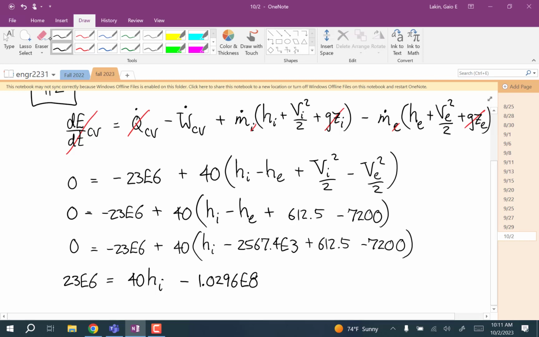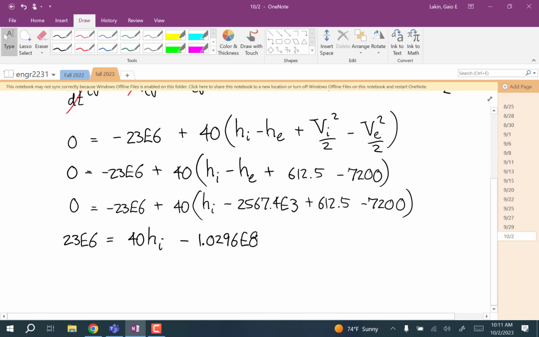That is not right. What did I do? I multiplied something instead of 40. Oh yeah, that's right. And so plus 23 times 10 to the 6th divided by 40.